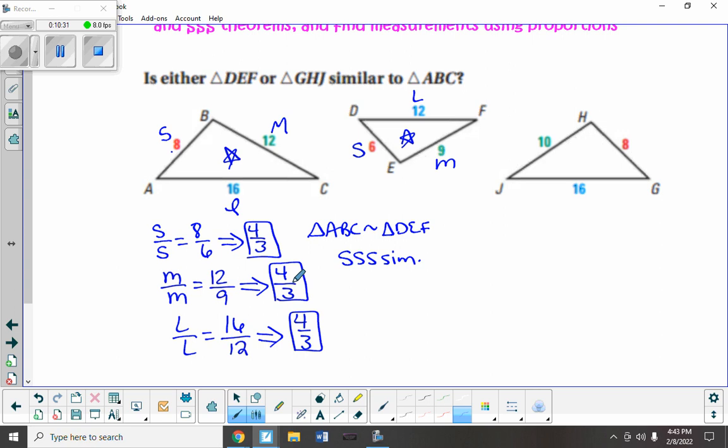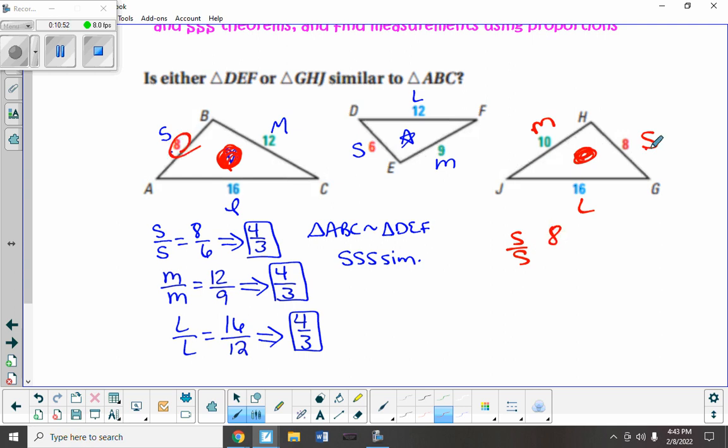It's all the same. Now let's say we want to compare the first one, so this one, to the third one. So then we have to look again at the short side and the short side. So this is the short, this is the medium, this is the long. So short to short. So in the first triangle over here, it's 8.